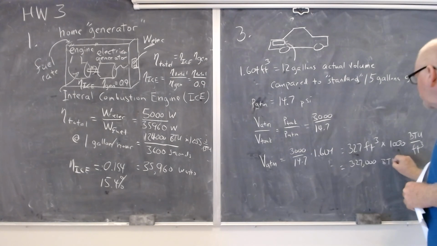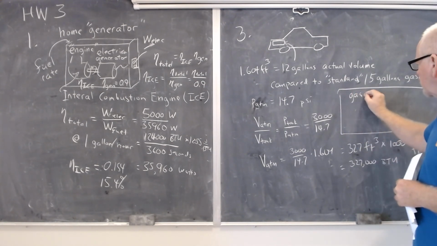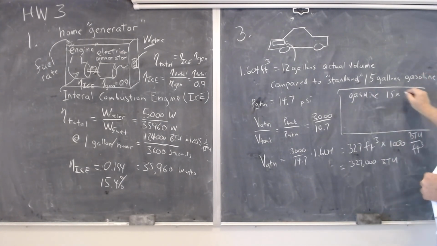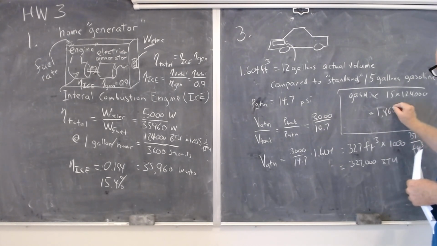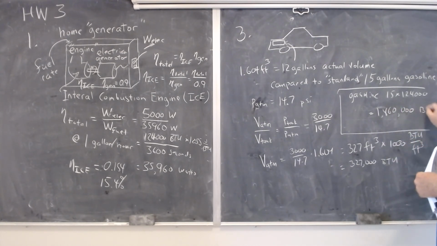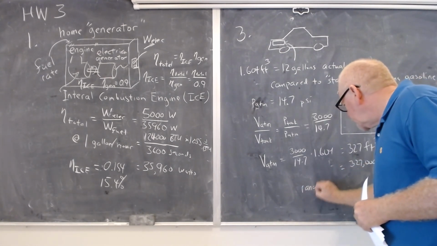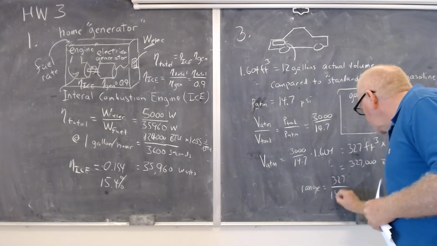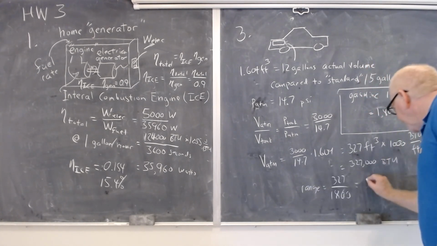Now, off to the side here, my gasoline car with the 15-gallon tank is 15 times 124,000, which is equal to 1,860,000 BTU. So the fractional range is 327 over 1860, 18%.